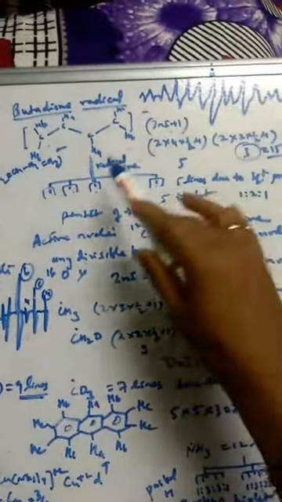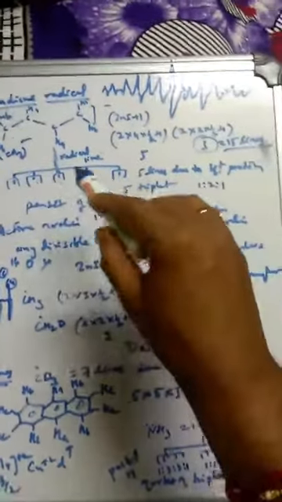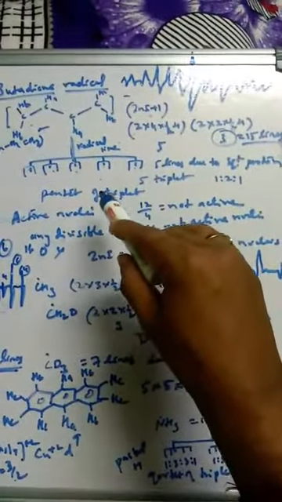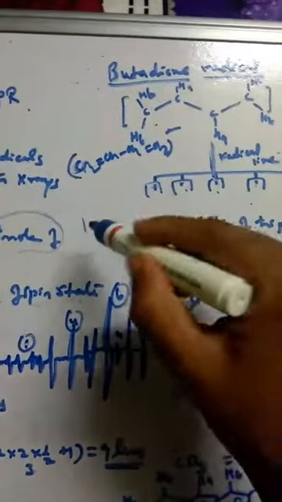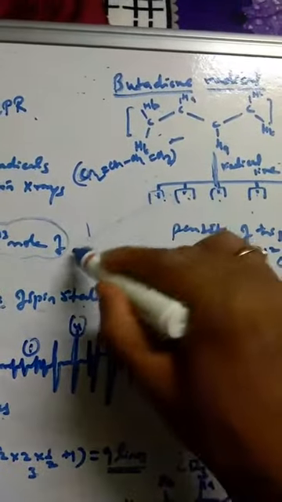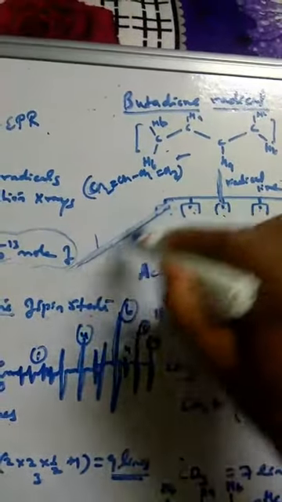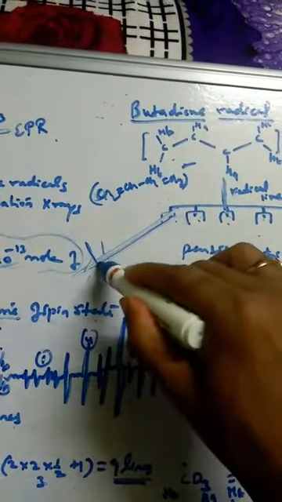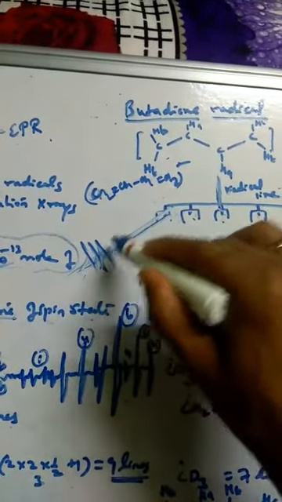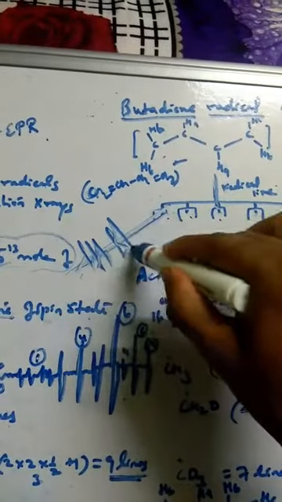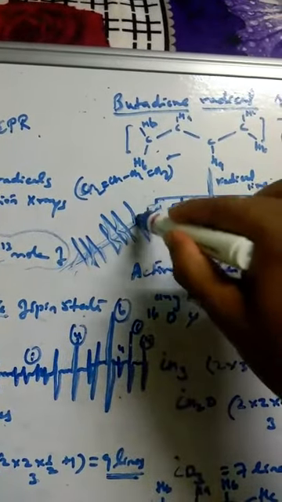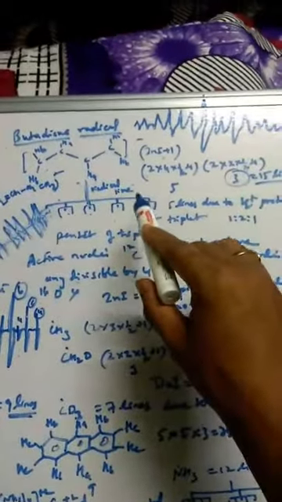And if you see the splitting, the hyperfine structure, you are going to get a pentet of triplets: 1 2 3, 1 2 3, 1 2 3, and so on, 1 2 3 4 5. So a pentet of triplets is what I am going to observe as the hyperfine structure for this butadiene radical.